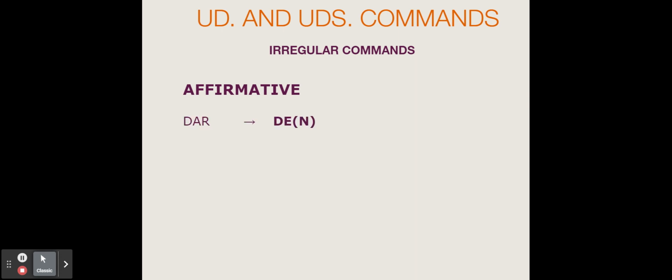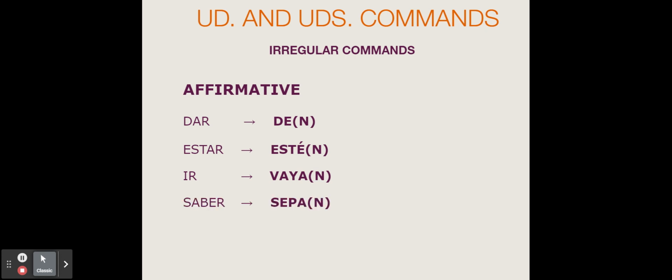And then, as you may remember from the tú commands, there are some completely irregular usted and ustedes commands. Okay? Y estos son: el verbo dar goes to dé, den, el verbo estar, esté, estén, el verbo ir, vaya, vayan, saber, sepa, sepan, y ser, sea, sean.